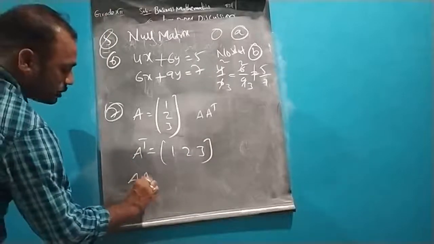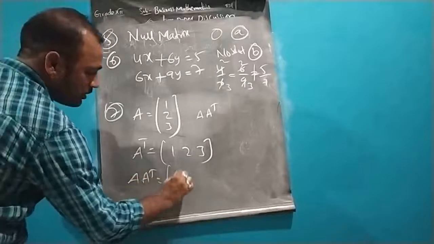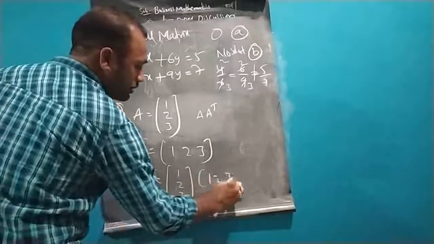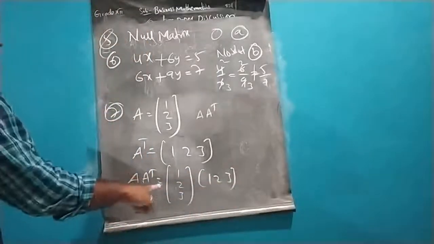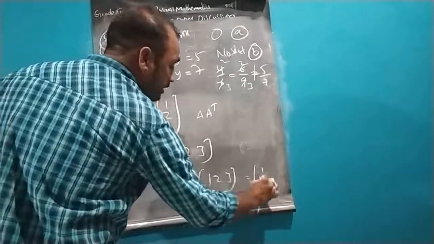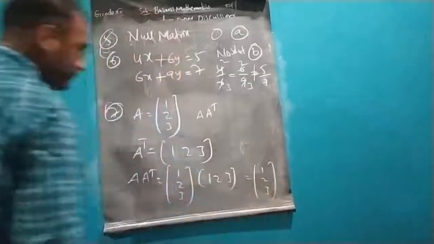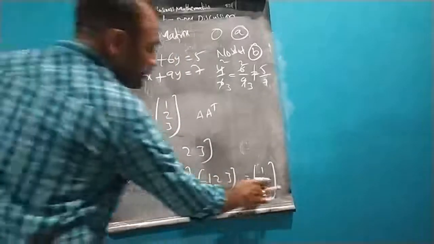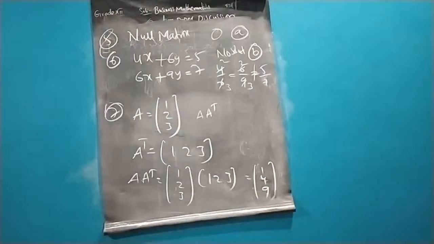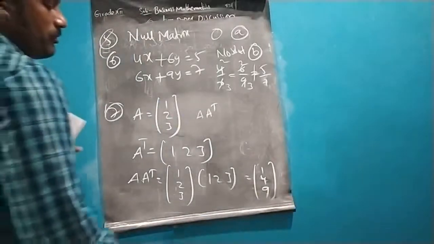So A into A transpose is 1 2 3 times 1 2 3, which gives 1, 4, 9 in the same way. Even so, the rank of the matrix will be 1.